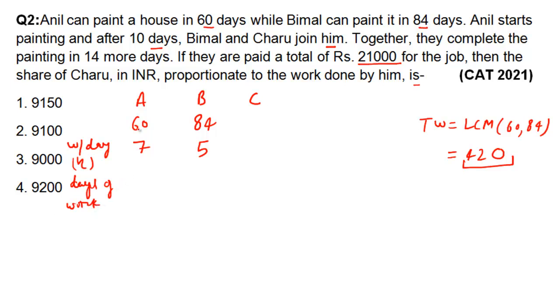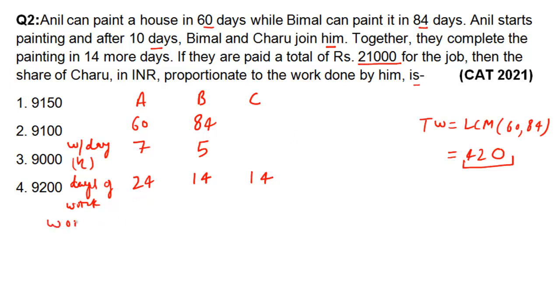A, how many days A has worked, B has, and C has worked. So A has worked for a total of 24 days, because A did not leave the job in between, but B only worked for 14 days, because B came after 10 days, and C also worked for only 14 days, right?